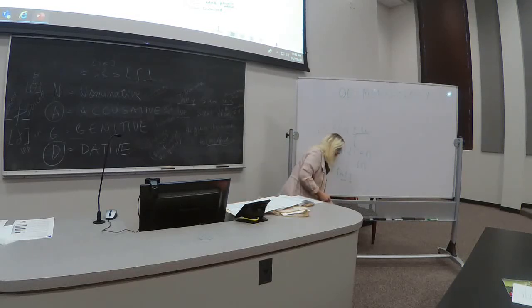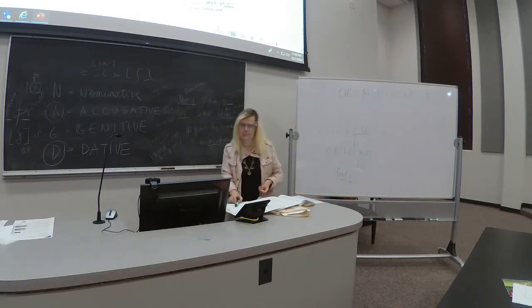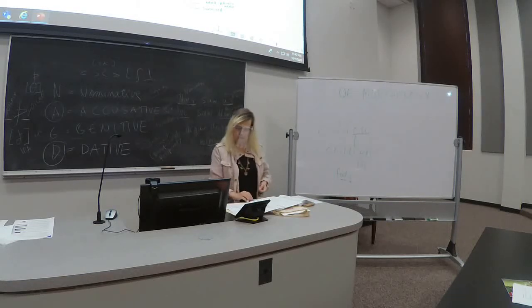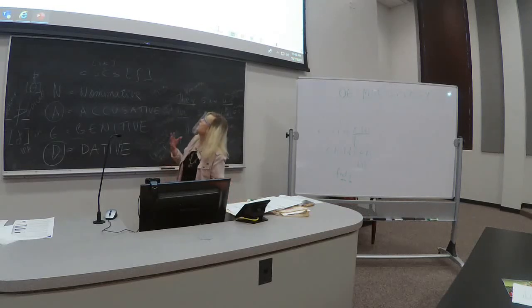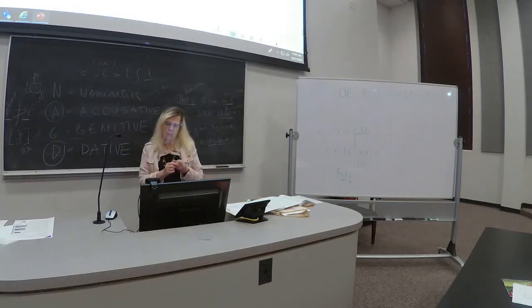Well, that was just a little tidbit, and I'm going to have to let you go. But in the handout that I gave you, read it carefully because it talks about when to use a nominative. You use it for the subject, and the complement after the verb be, like he is a teacher.